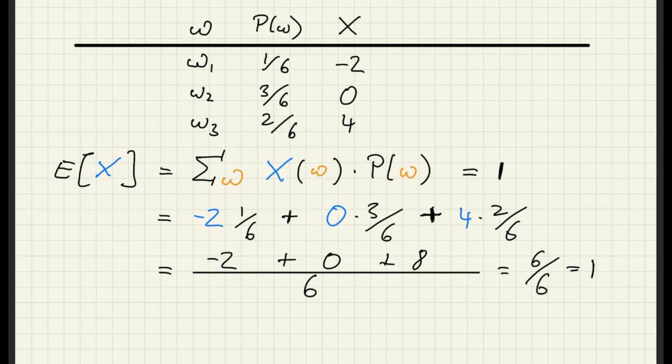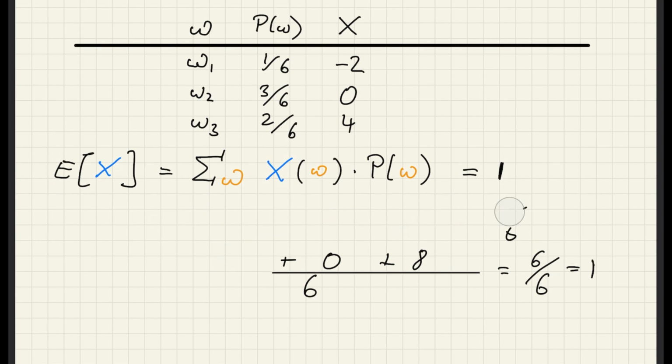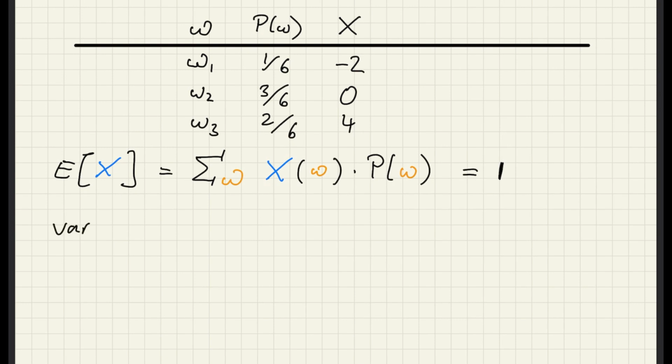Let's move on to the variance. The variance of x is the expectation of the random variable x minus expected value of x, and we square all of this.